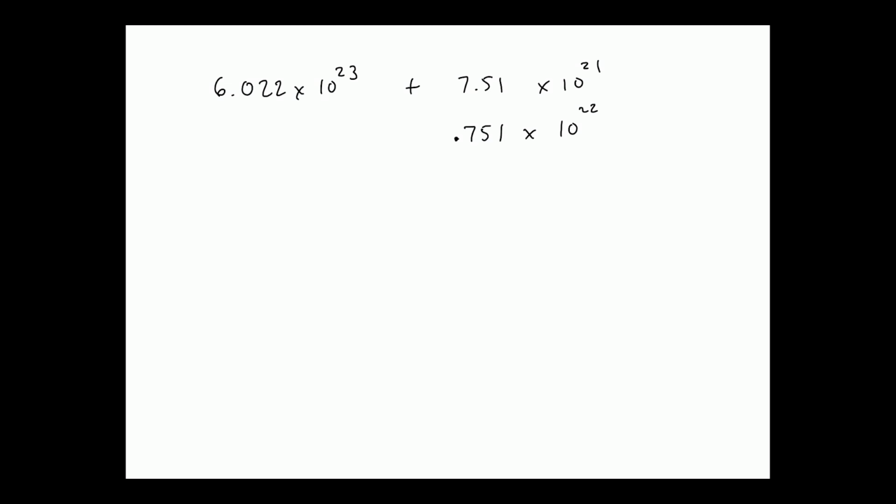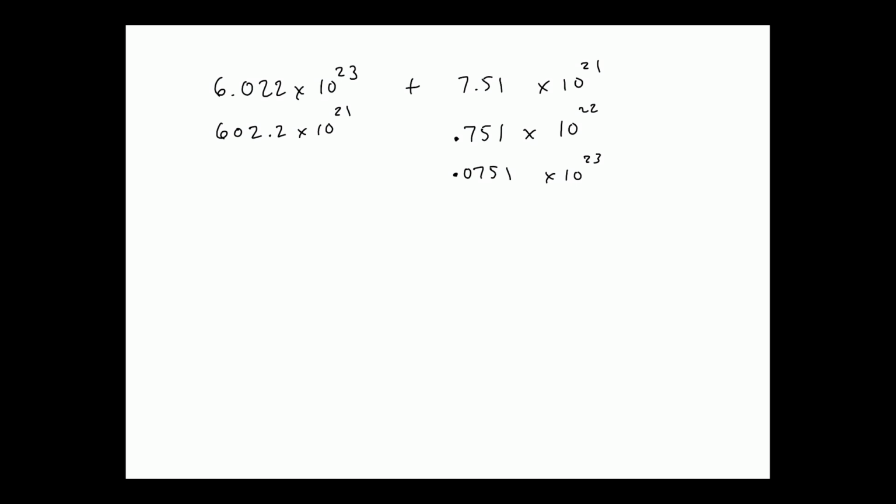Yeah? Okay. Let me do one more. Also the same number, right? I could have made, for example, this one like that, right? So decreasing the exponent, I compensate by shifting the decimal point to the right and opposite on the other number. Okay. So which of the two would I rather work with?